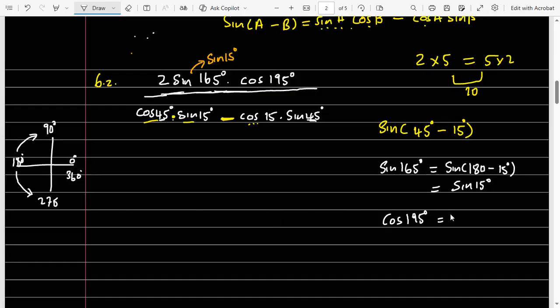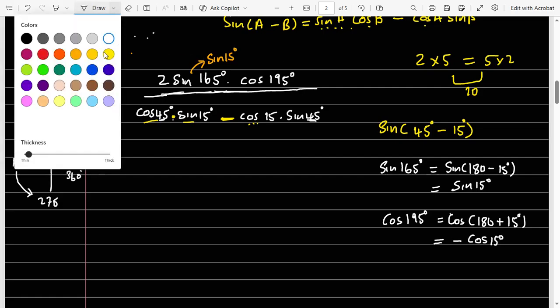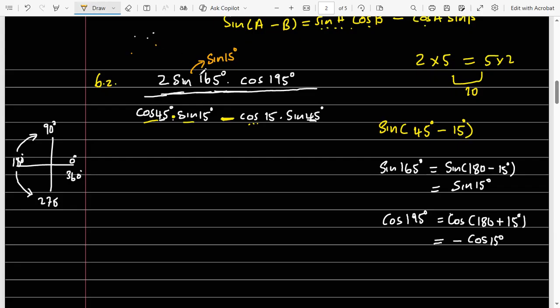I'm going to add. So this will be the cos of 180 plus something to get 195. So we need to add 15 degrees. Then you ask yourself, how is cos in quadrant 3? Cos is negative. Let's change it into negative the cos of 15 degrees. So where I see this cos 195, I'm going to substitute negative the cos of 15 degrees.